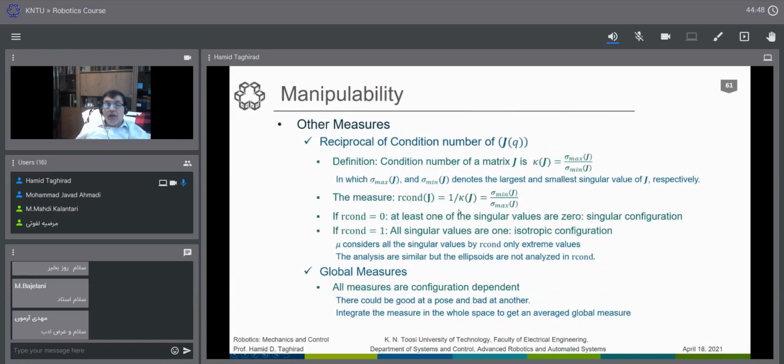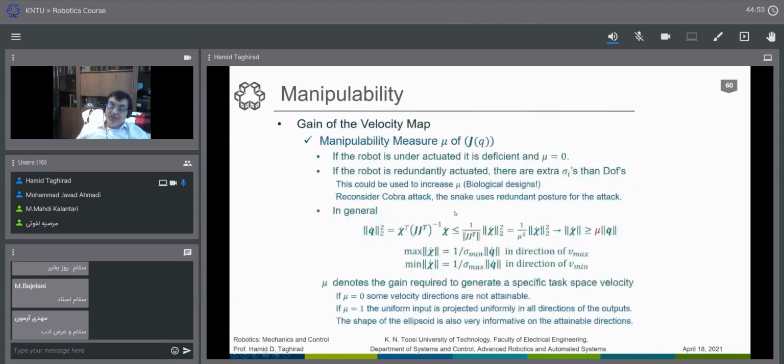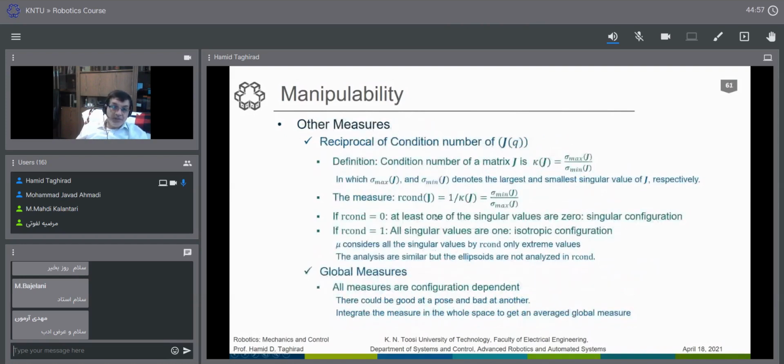In any case, of course, these are only two measures. We have the manipulability measure, and we also have condition number measures. And if you look into the literature, you will find a large number of other measures available for considering manipulability. Some of them are called dexterity measures, not manipulability, but they all have the same idea of the ellipsoid.